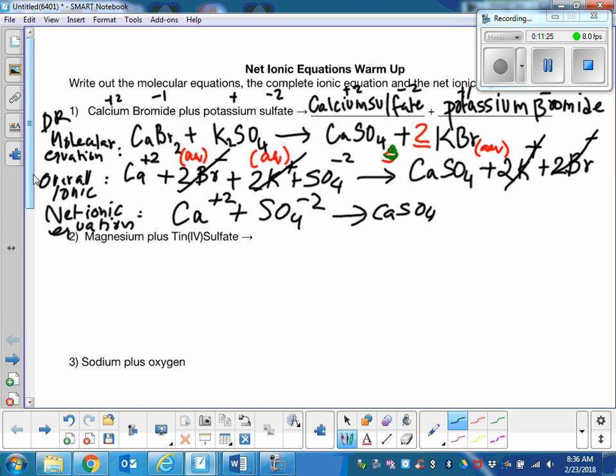No. There's a difference between writing Br2 and writing Br minus. Let's take chlorine, which you can relate to more easily. Cl2 is chlorine gas. If you inhale, you'll start coughing. Cl minus is in your salt that is edible, and you eat it. There's a lot of difference between Cl2 and Cl minus. Cl minus is aqueous.